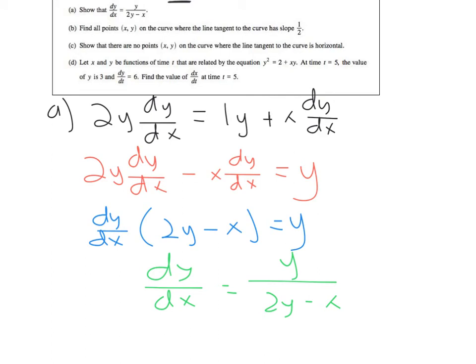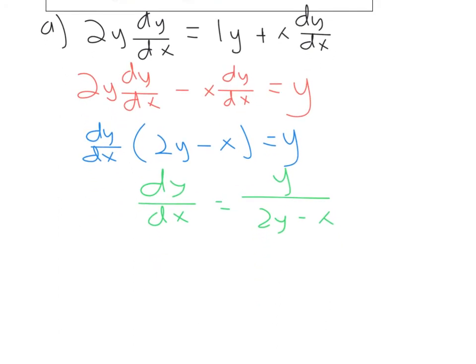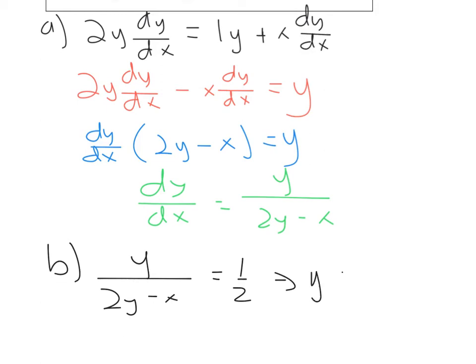Next, find all points on the curve where the line tangent to the curve has a slope of 1/2. So for part B, I need y over 2y minus x to equal 1/2, which means y equals y minus 1/2 x.